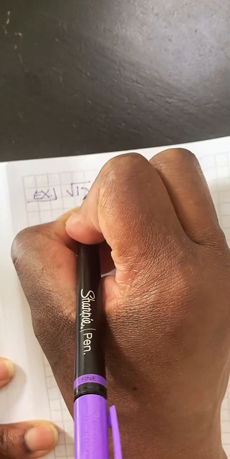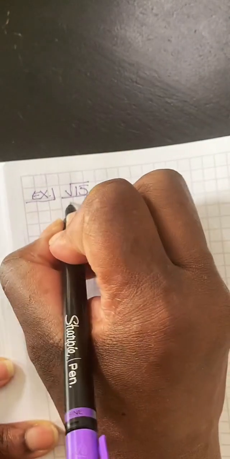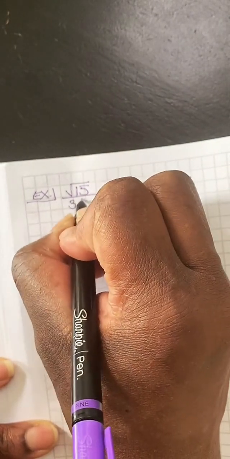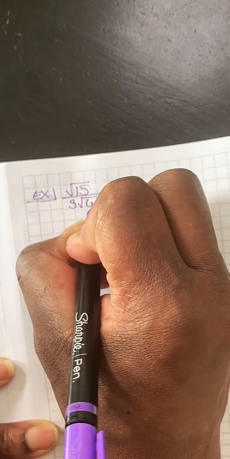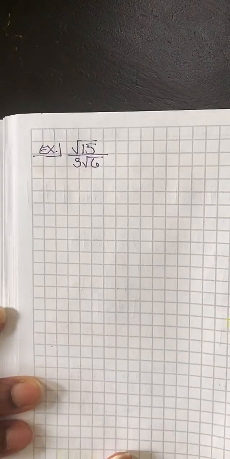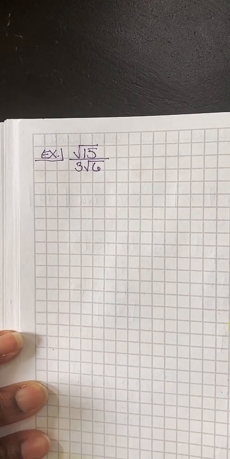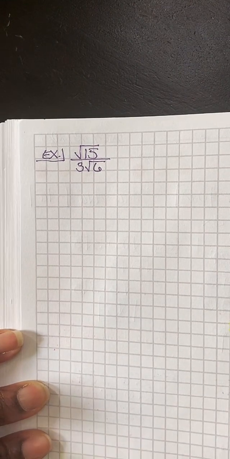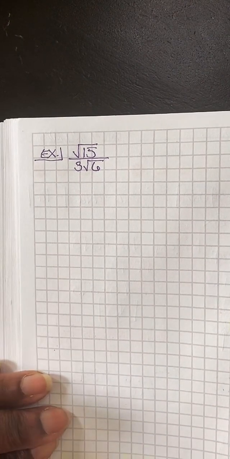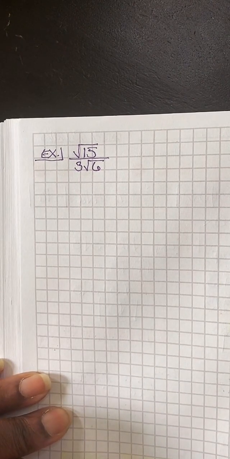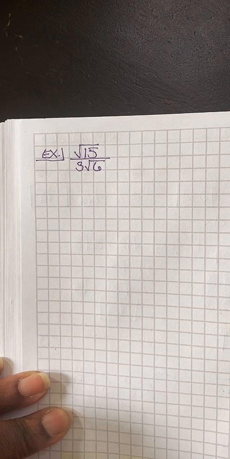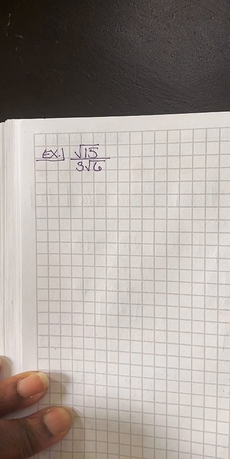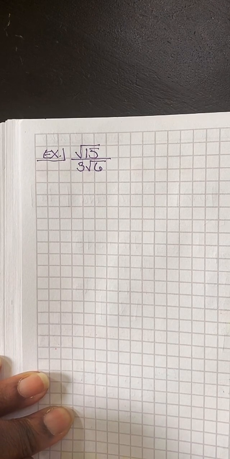Like literally throw some stuff at you to see what works. Like how would you solve it? Okay, so you got the square root of 15 over 3 times the square root of 6.